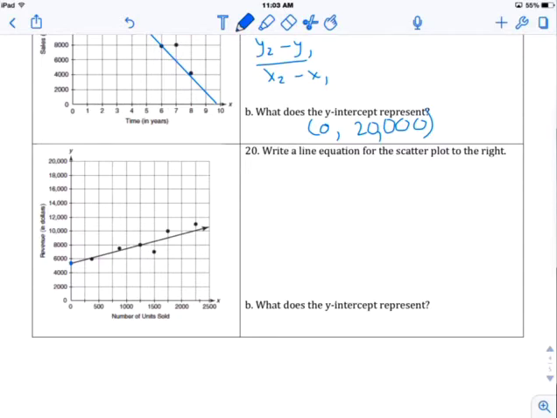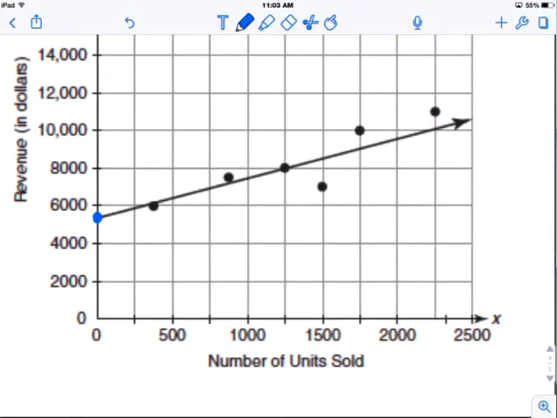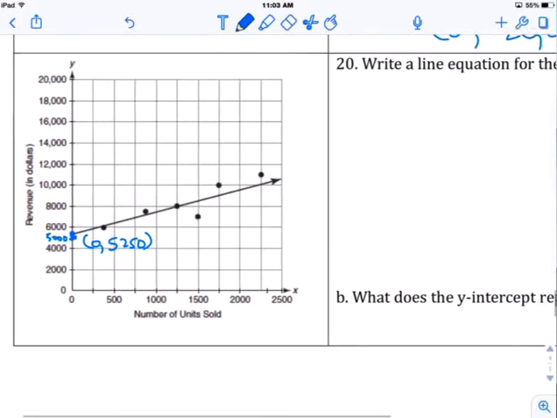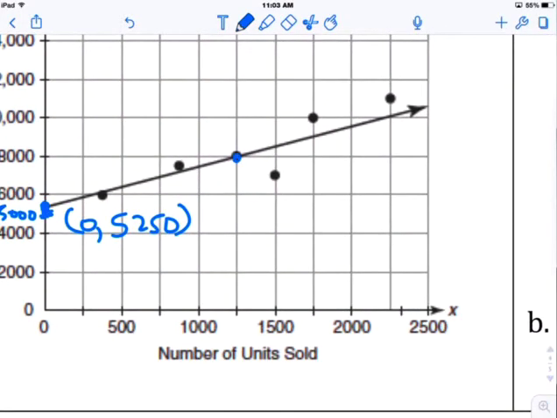Start with the y-intercept. So this is halfway here, right here, 5,000. So I say 5,500 or 5,250 is fine as the y-intercept. And then choose another one. Choose this one. And then it's going by 250. And 8,000.